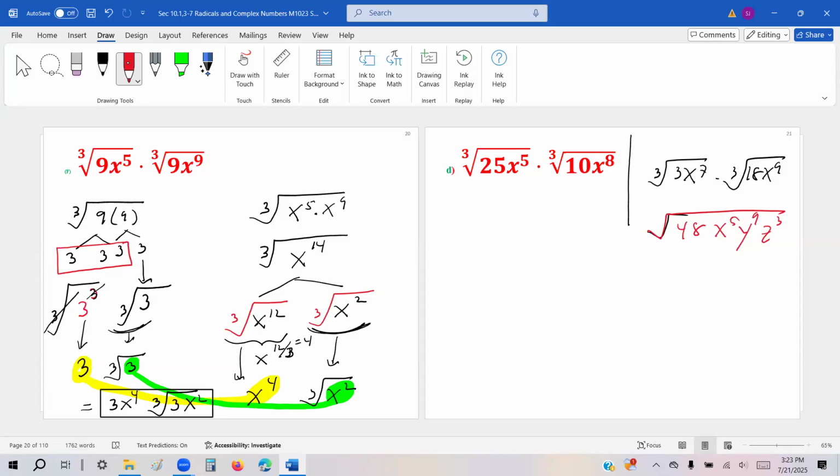So, 15 and 1. Okay, so you see 3 times, and then the larger one, 2 and 1, 2. So you multiply 2 times 2.